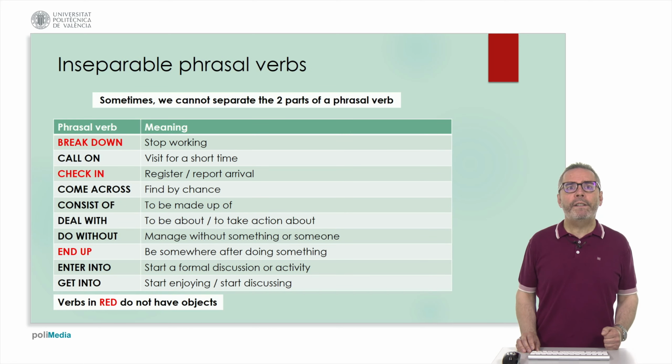We also have inseparable phrasal verb patterns. Sometimes we cannot separate the two parts of the phrasal verb, and here we have a list of the most common ones. The ones in red here mean that the verbs do not have objects. Break down, call on, check in, come across, consist of, and deal with, two of the most common ones in academic contexts.